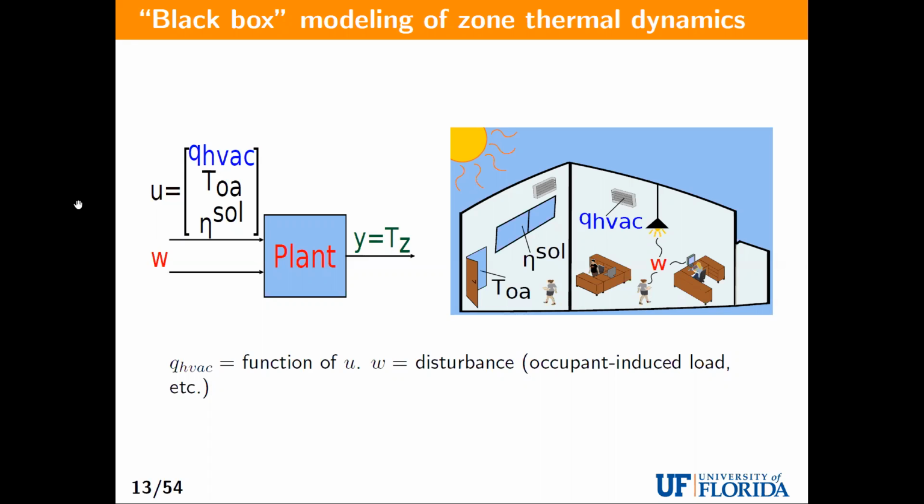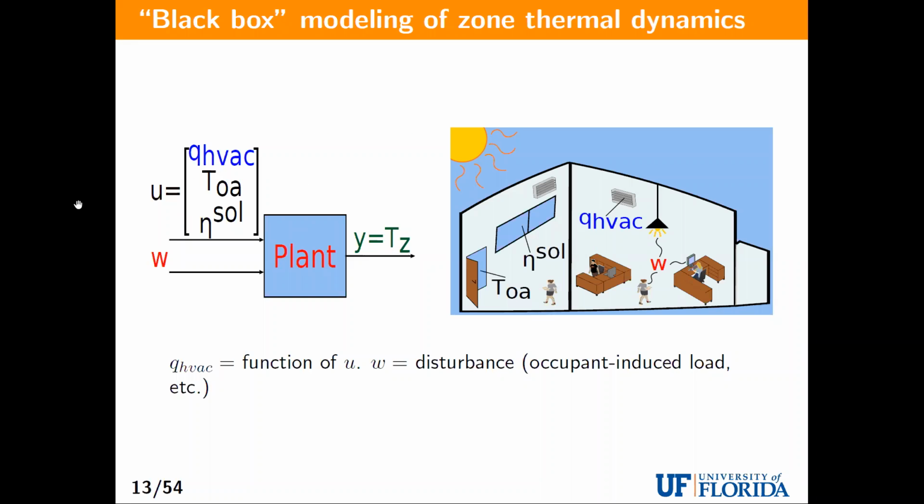And then there are these outside ambient conditions, temperature of the outside air and solar radiation. The W is the disturbance, that is the unknown part of the disturbance. I mean, our ambient conditions can also be thought of as disturbance because we can't control them. But the tricky part of the disturbance is the disturbance that comes due to people, right? The heat gain due to our presence. That's completely unknown. Whereas ambient conditions are more or less forecastable.